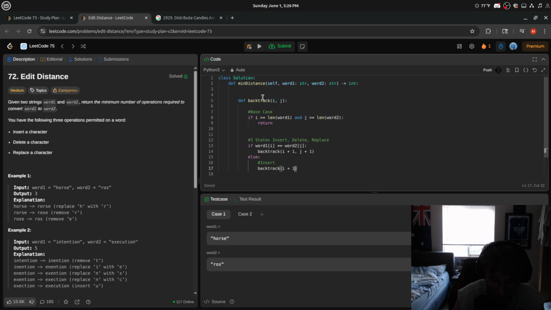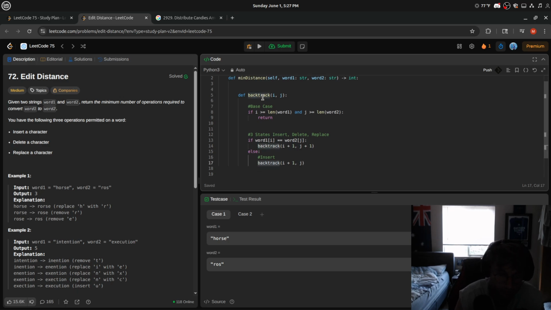Because we're inserting, right? We'd keep j the same. Insert is equal to backtrack(i+1, j).